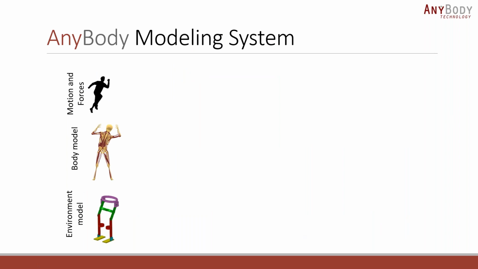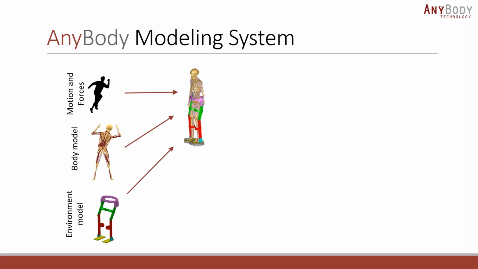The AnyBody modeling system is an inverse dynamic system, and typically to construct a problem, we do the following. We take a template body model that comes directly from our repository, and we prescribe certain motion and some external forces.